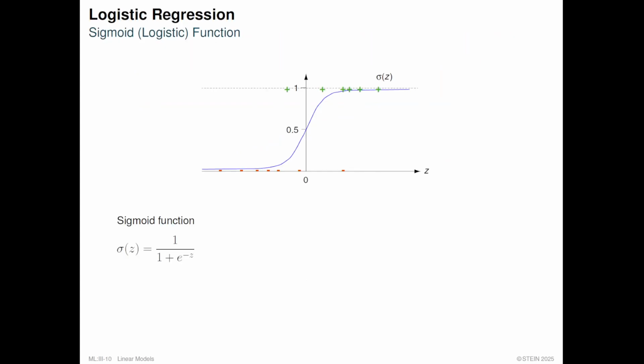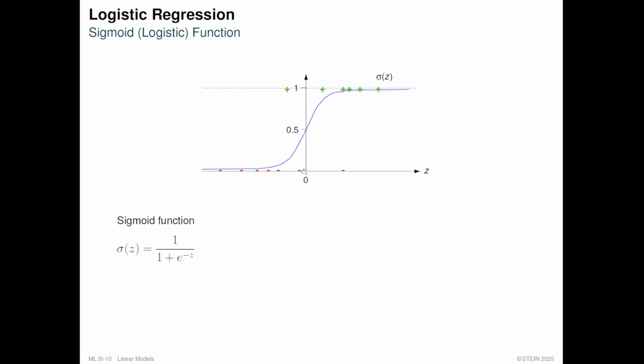And a pretty straightforward way to do this is through such a function. From school, you already know some functions that are restricted between 0 and 1, for example, or -1 and 1. The trigonometric functions, sine and cosine, have a similar restriction.